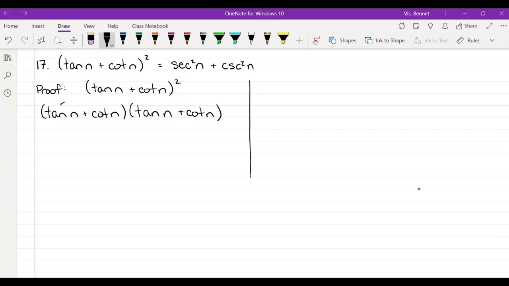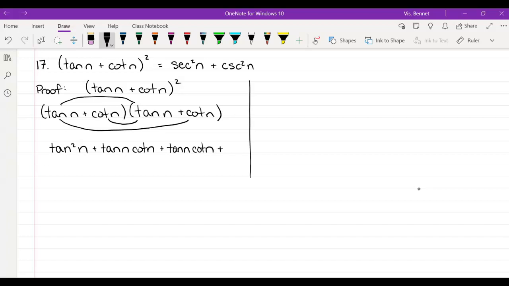And again, I'm going to do tangent times tangent, which will make tangent squared. I'm going to do tangent times cotangent, which I'll write cotangent n, and then again plus cotangent times tangent, which I'll rearrange the order here, and then last cotangent times cotangent is cotangent squared.